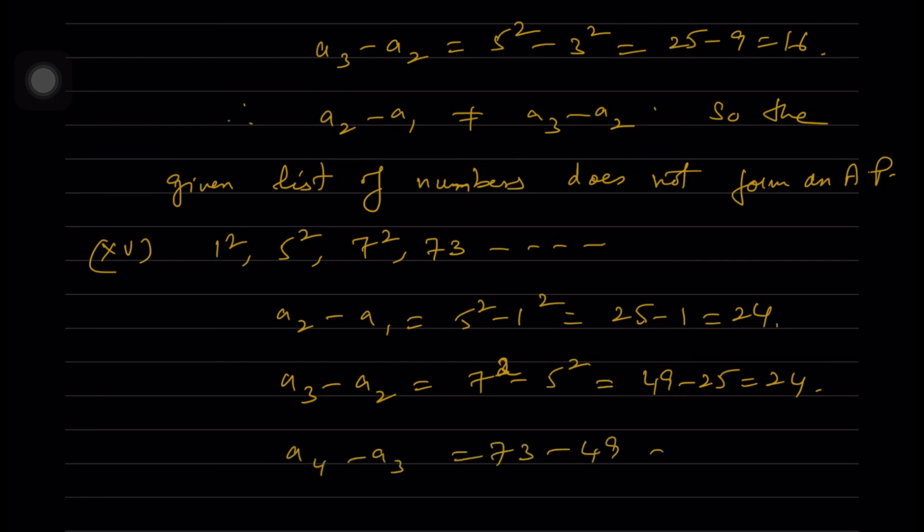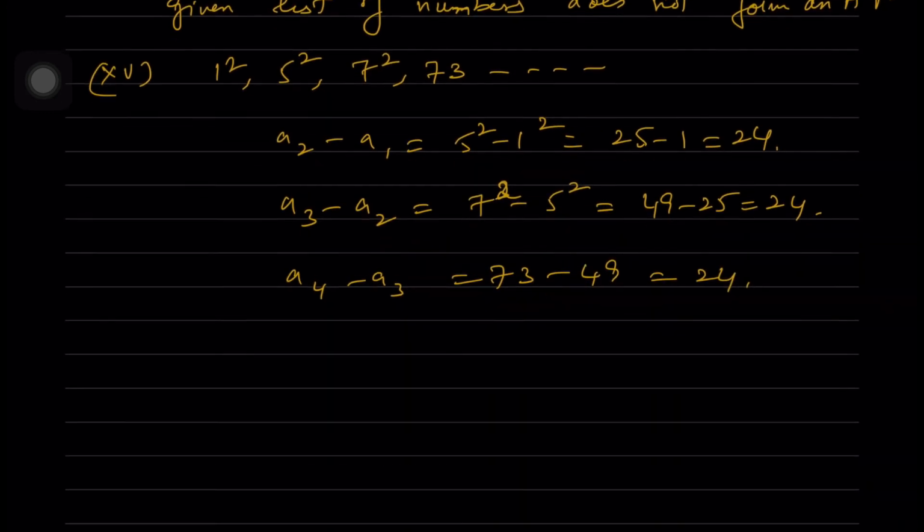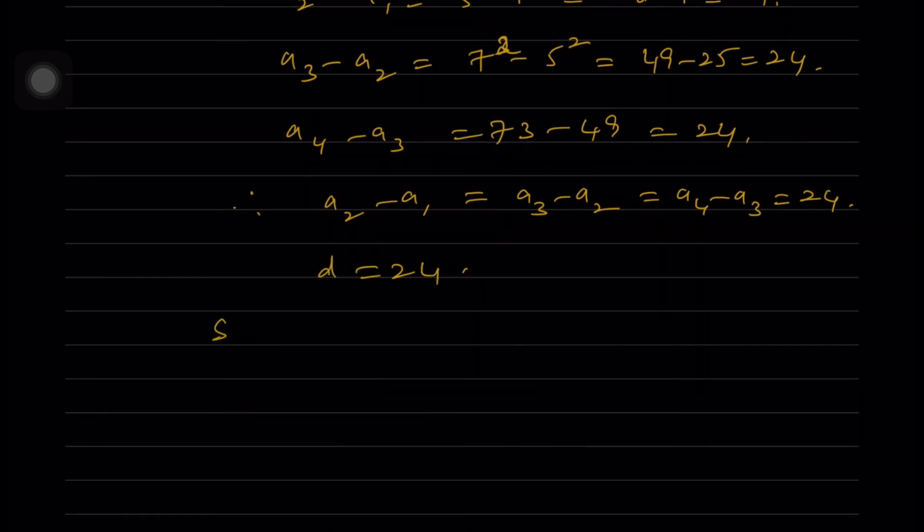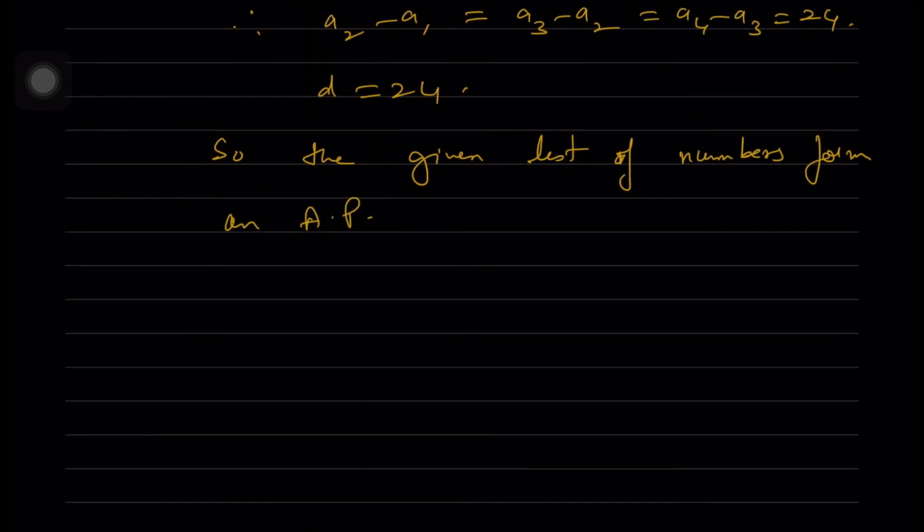Then a3 minus a2 is equal to 7 square minus 5 square, which is 49 minus 25, which is equal to 24. Then a4 minus a3 is equal to 73 minus 7 square, which is 73 minus 49, which is equal to 24. Therefore a2 minus a1 is equal to a3 minus a2 is equal to a4 minus a3, which is equal to 24. So the common difference is the same. So therefore the given list of numbers form an AP.